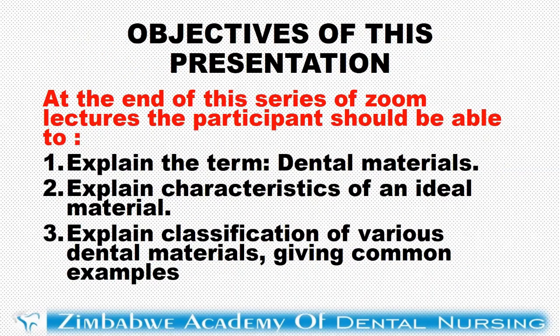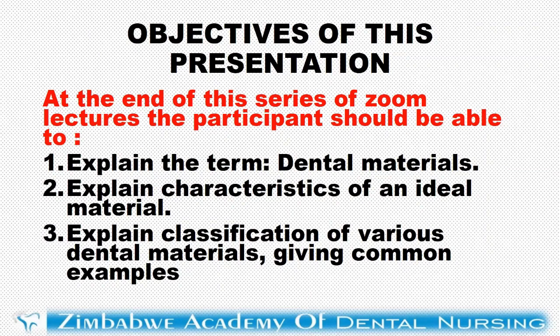Today's presentation is a 45-minute presentation, which will be continued on 13 September and completed on 27 September. So today I'm starting the first part, which is about 45 minutes. The objectives for this presentation: first, we must be able to explain in simple terms what dental materials are.